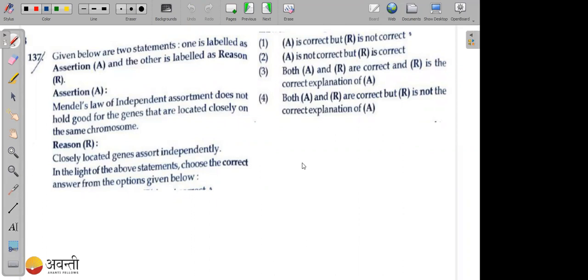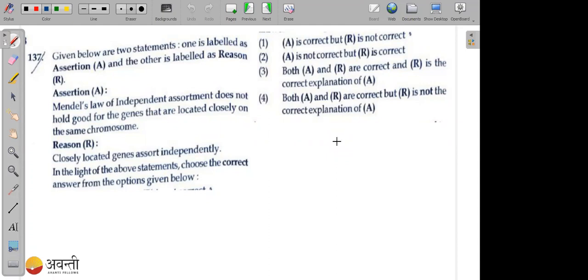The question is: given below are two statements. One is labeled as assertion and the next is the reason, and we want to find out which is correct or not.